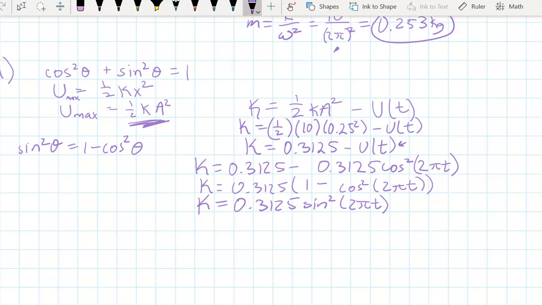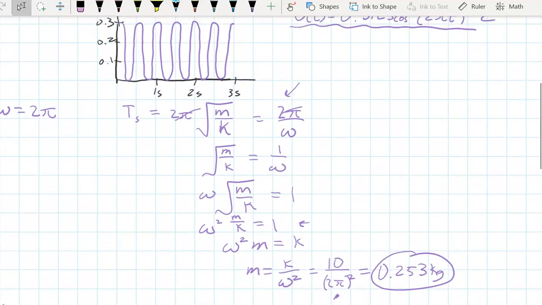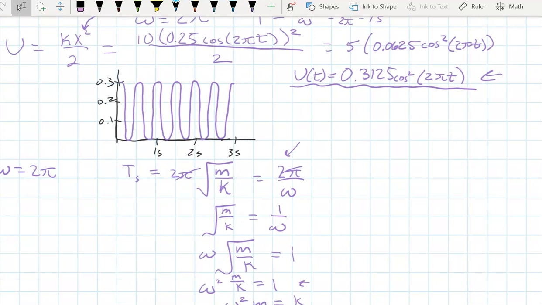Now I want to add that kinetic energy function onto my graph from earlier. And remember we talked about before that sine and cosine are 90 degrees out of phase with each other. And we also talked about how kinetic energy and potential energy are opposites from each other in terms of when they are at a maximum and when they're at 0. So the sine function starts out at 0.